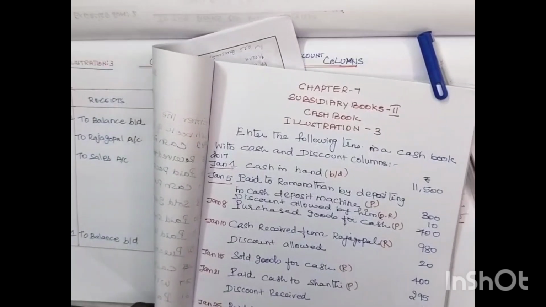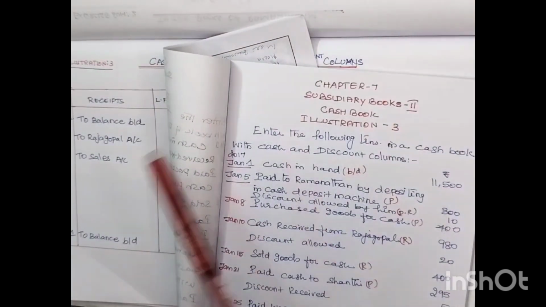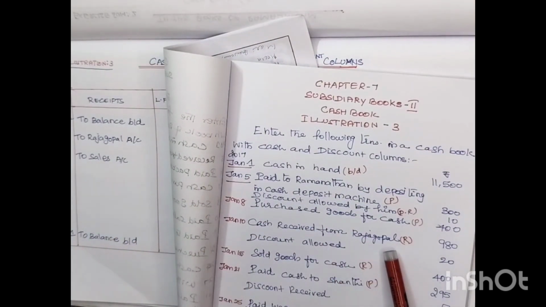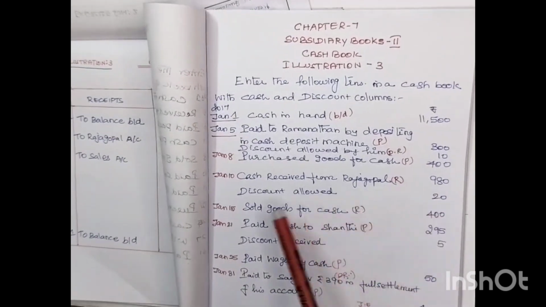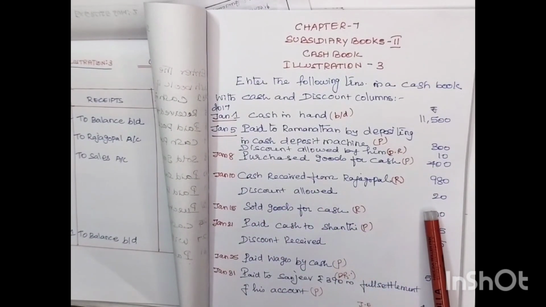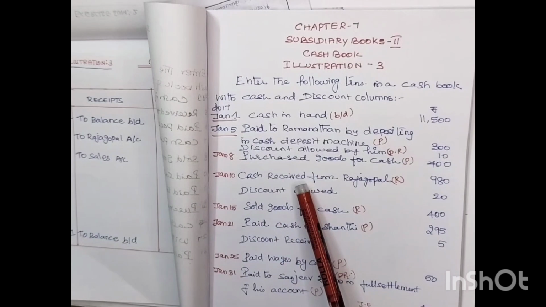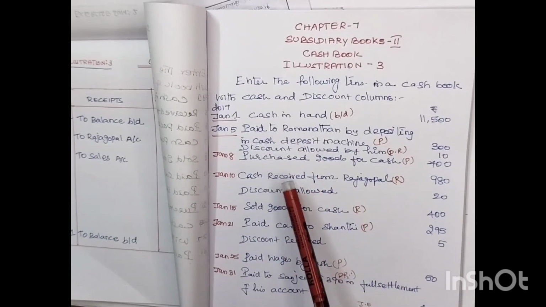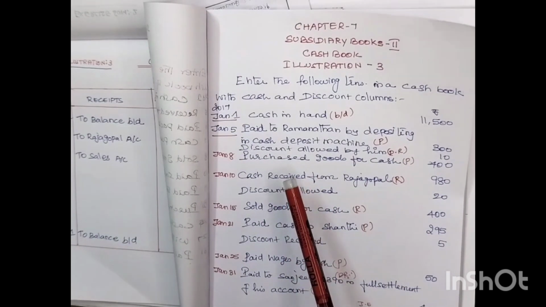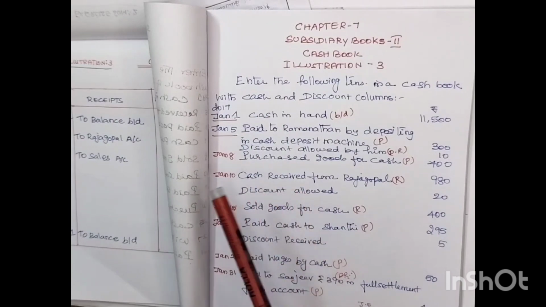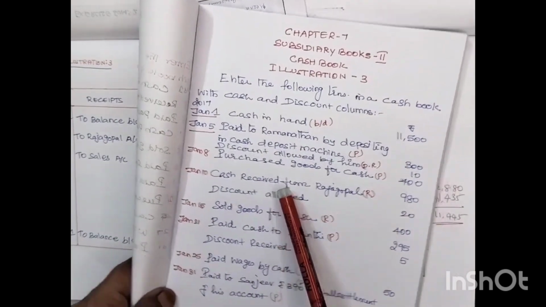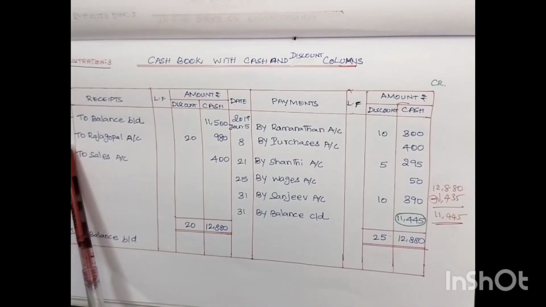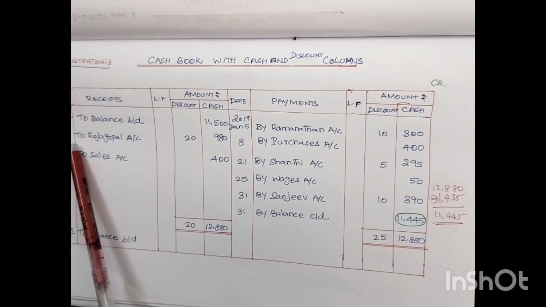Then the next transaction is January 10, cash received from Rajagopal rupees 980, discount allowed 20 rupees. Cash received from Rajagopal means they have also given the clue: received. Cash received means you go to the receipt side, the debit side, and enter 10 in the date column.